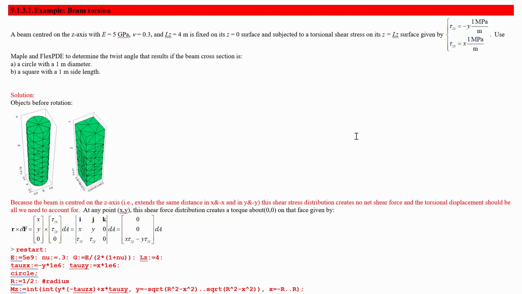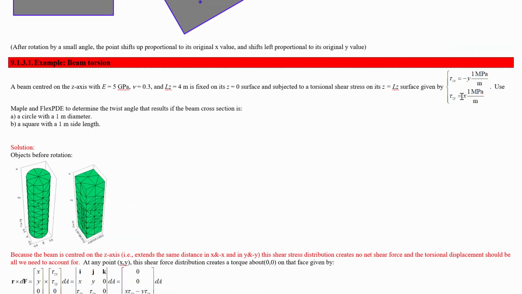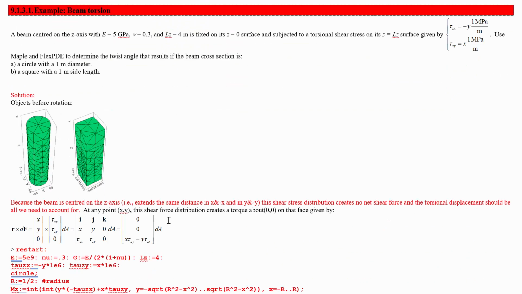The more down we are, the more rightward stress we have. So these will create torsional stress. Both stresses together cause a torsional moment in the counterclockwise direction on that xy surface, so in the positive z direction on that xy surface.